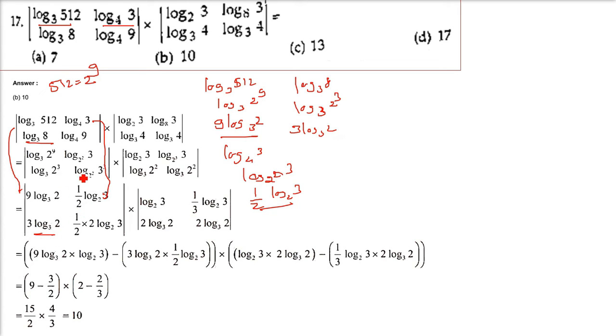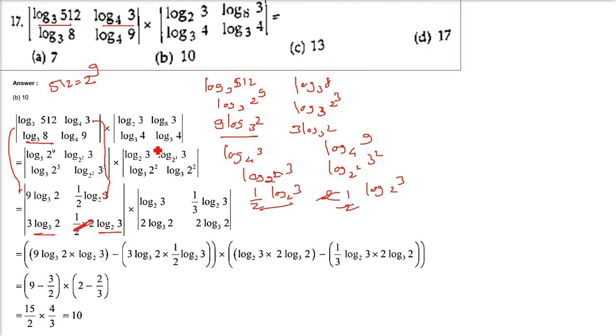I hope you got the idea of how it came. Now log base 4, 3: this 4 can be written as 2 square, and 3 raised 9 can be written as 3 square. So half will come from 2 square, and 2 will come from 3 square. Half and 2 get cancelled, so log base 2, 3.